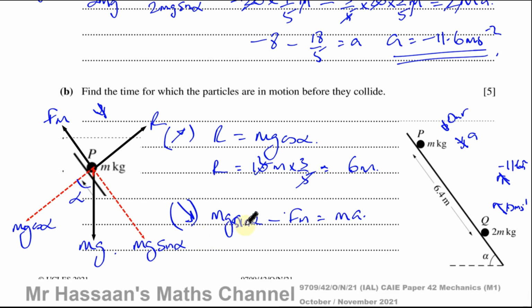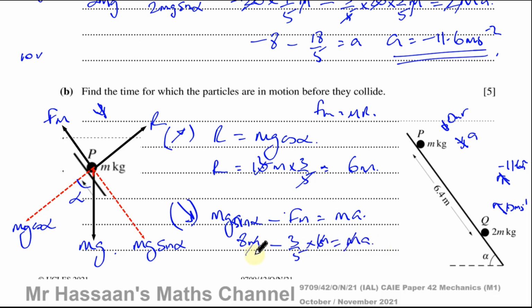That's 4/5 times 10 times m, so 10 times 4/5 is 8m, minus F max, which is mu R. Now mu is 3/5, so it's 3/5 times 6m equals ma.